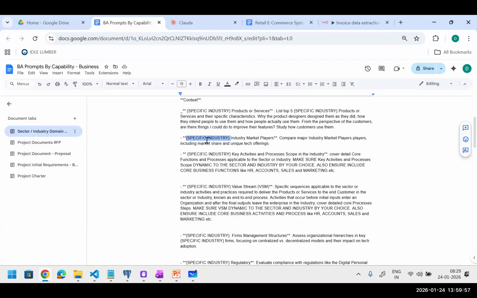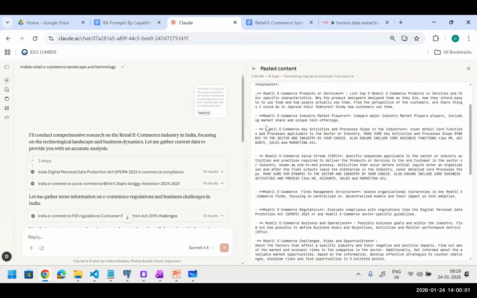Just replace this placeholder, maybe copy and paste it in a notepad, change that, replace it, and paste it here in Claude.ai. See this, it says I'll conduct comprehensive research on the retail e-commerce industry in India.